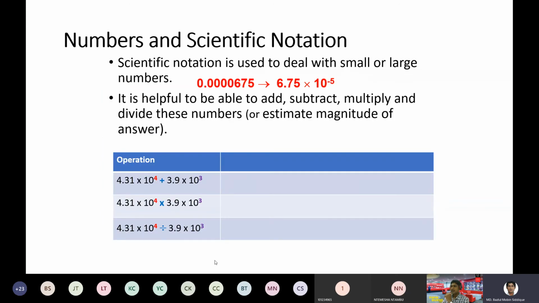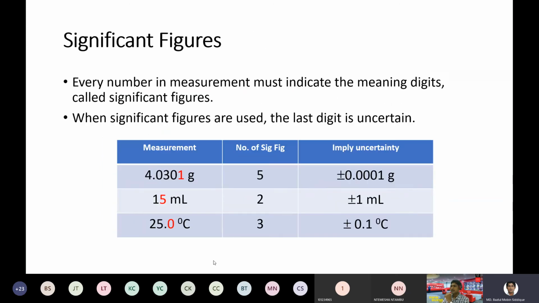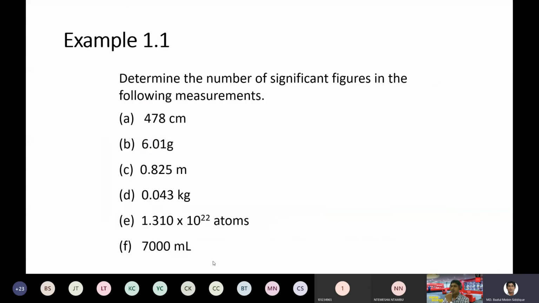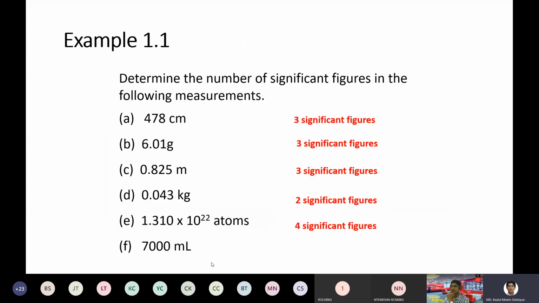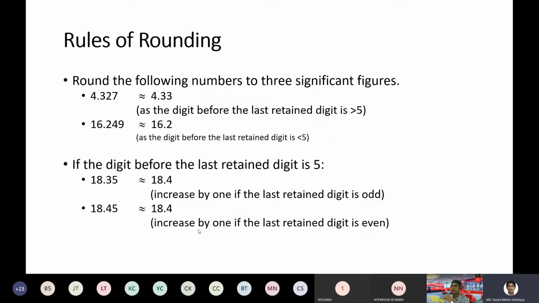All right, and there is another thing: we have to round off. If the digit after is more than 5, not equal to 5, more than 5, then we can round off.